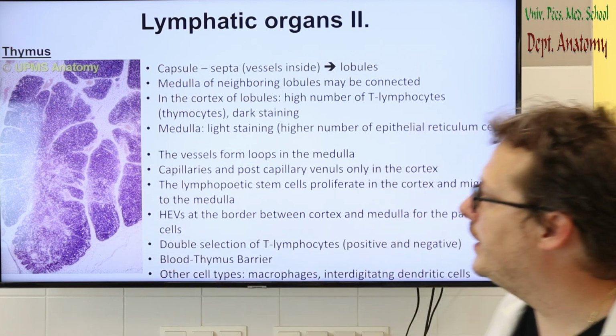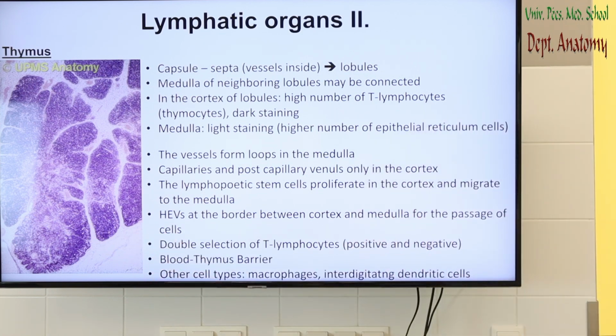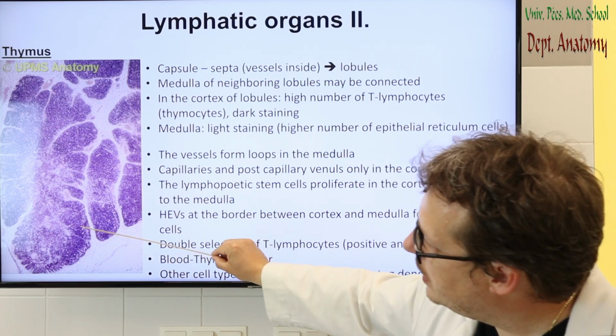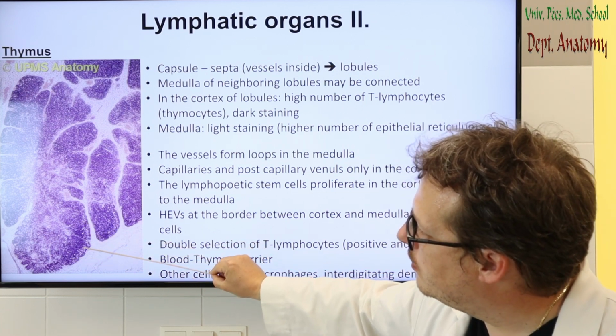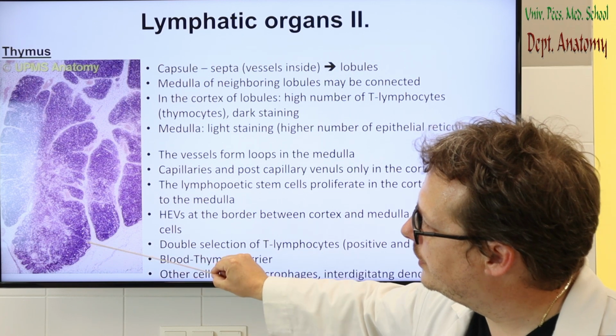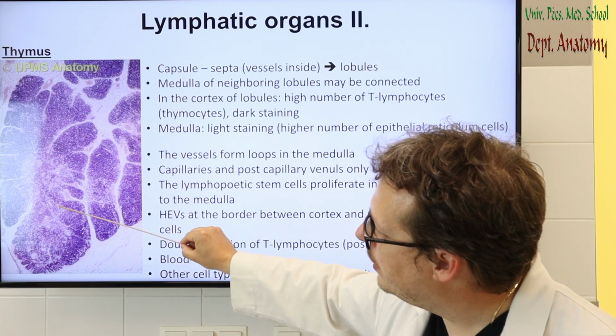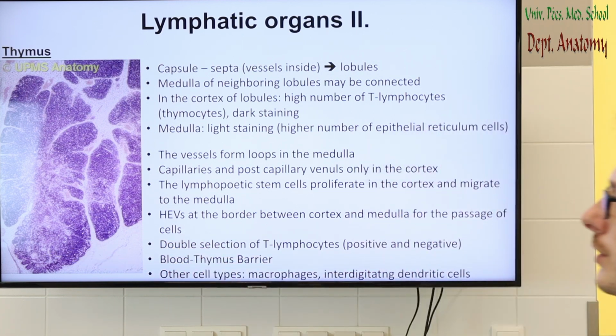In case of the lobules, if you examine them a little more closely, you can see that its cortex is more basophilic, so more darkly stained, and its medulla is lighter colored.